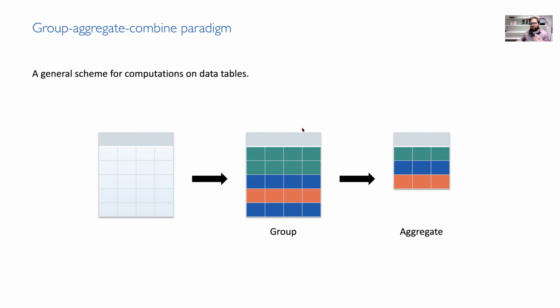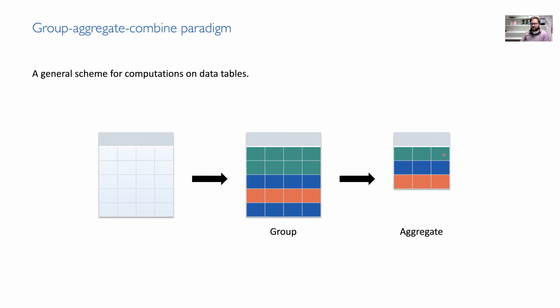Aggregate means that we extract all of these groups, all flights from the same month, at a time, and perform some kind of summary function on these flights that departed in a certain month. For example, we want to calculate the average temperature or the average delay. This is the third thing here, where we aggregate all of these different flights that belong to the same group and calculate a single result from that.